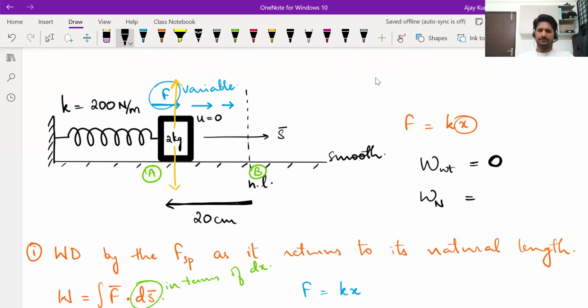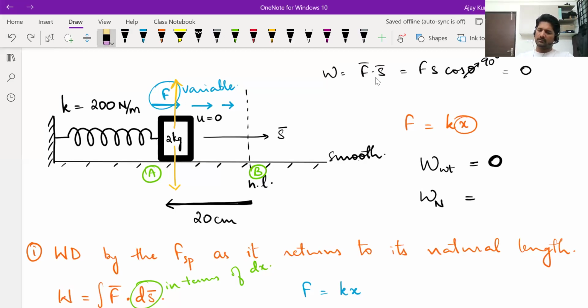Is it clear? Because work done is F dot S, which is F S cos theta. Theta, the angle between weight and displacement, is 90 degrees. Cos 90 is 0. That makes the work done by weight 0 in this case. Okay.